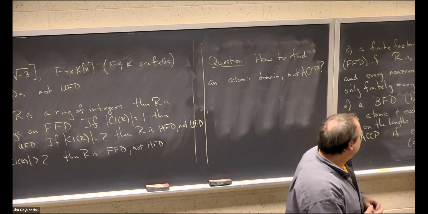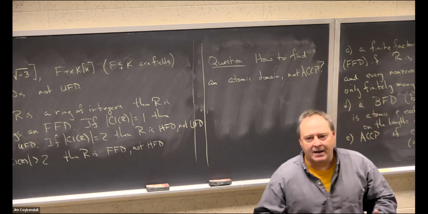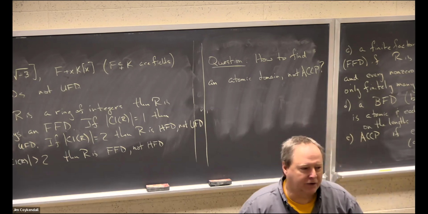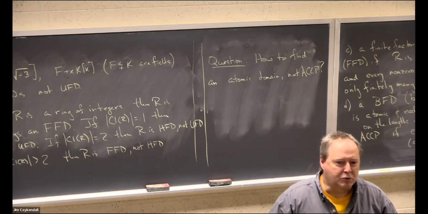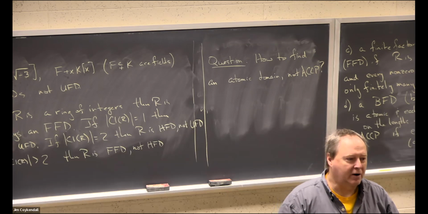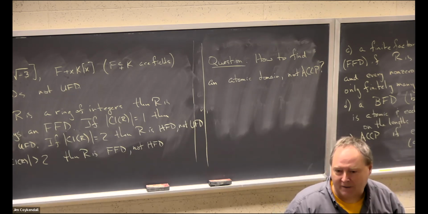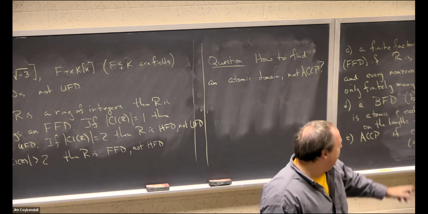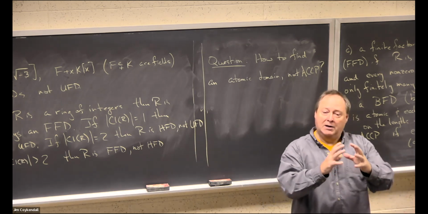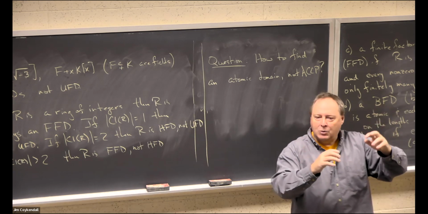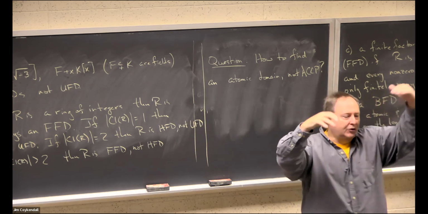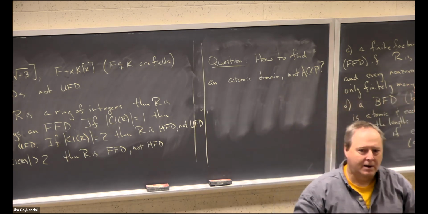The problem with atomic is that atomic just says, hey, I can factor this thing into irreducibles. But if you aren't careful about the way you factor it, you might end up following your path forever. So ACCP works no matter what. You take something, you break it up however you want, and eventually all those paths have to stop.